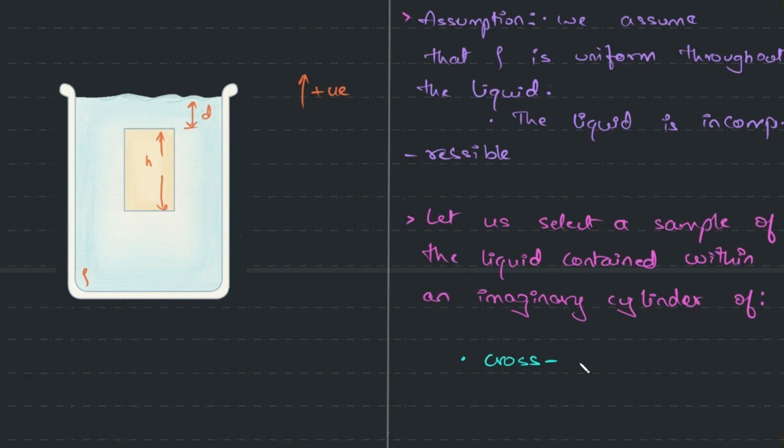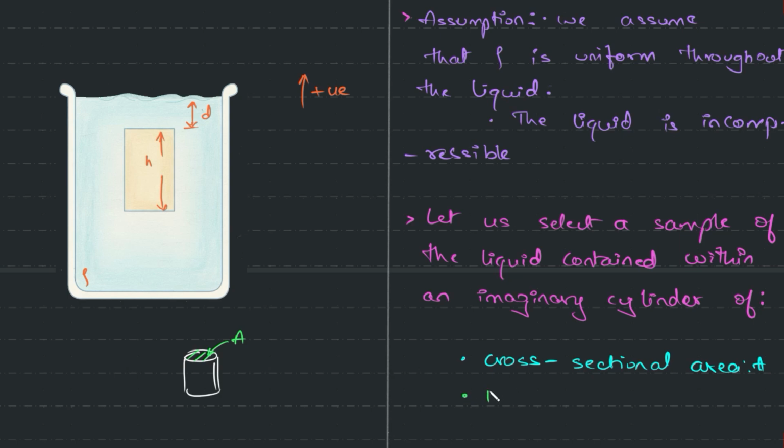So this has a cross-section area of A. That is, if I happen to look at the cylinder from the top, this area is A. Okay, yes.